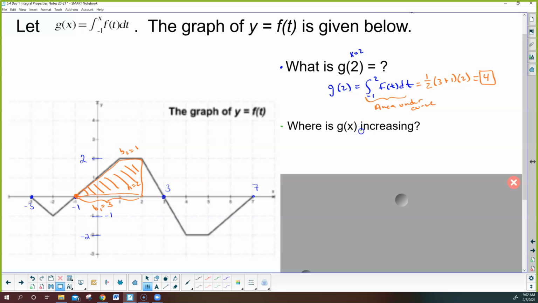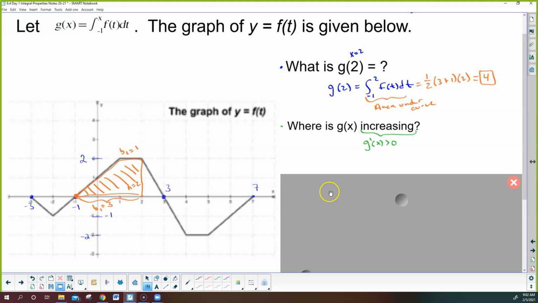When is g increasing? Well, let's think about this. If I asked you to figure out last trimester when a function was increasing, what we would have to do is take the derivative of that function and figure out when the derivative is greater than 0.